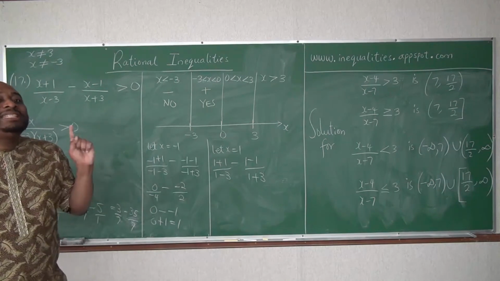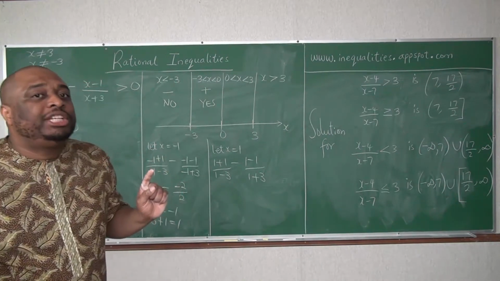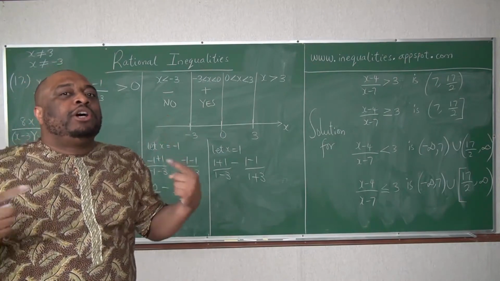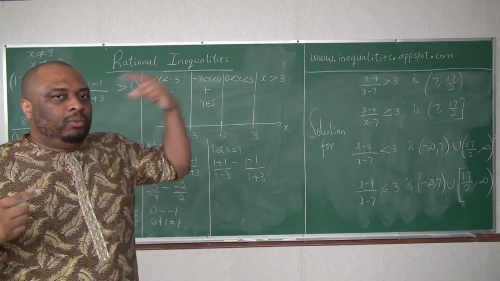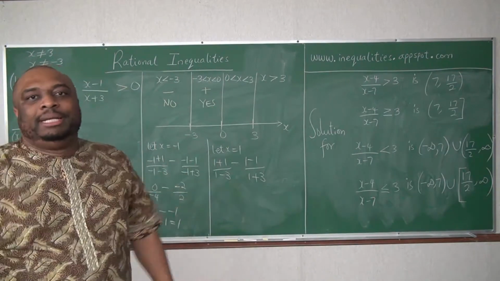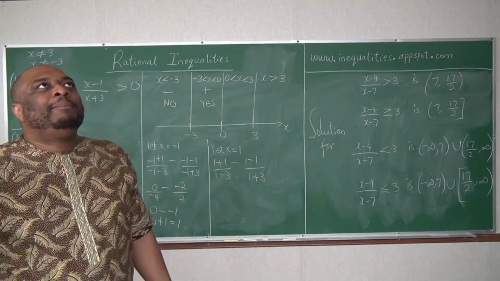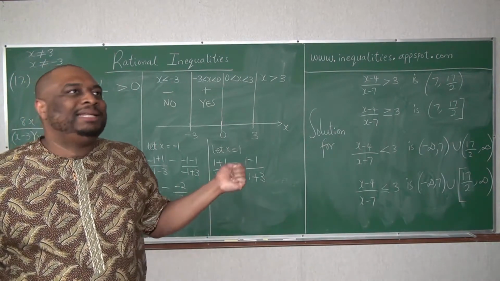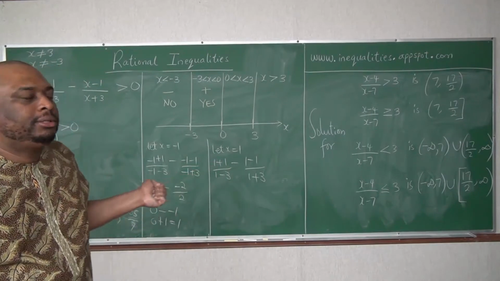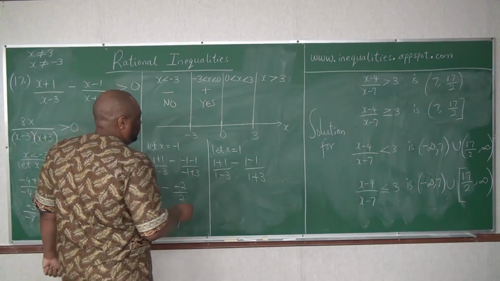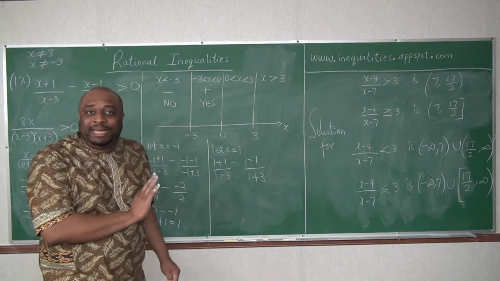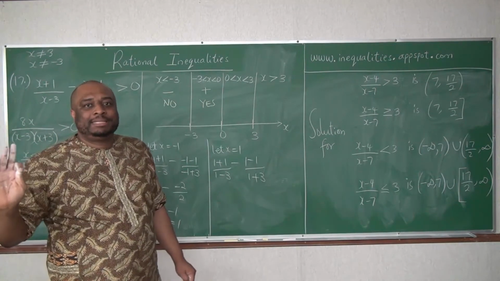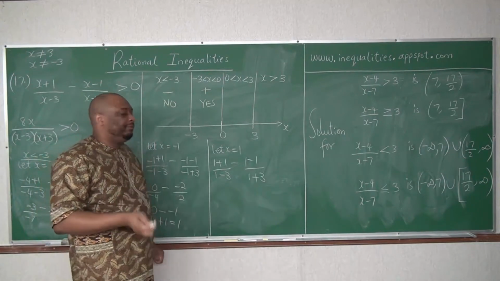We test these points with the main inequality. And by so doing, that is why I like this method. I mentioned it in part 1 of the video. Before you get your answer, you have already checked the inequality. That is the nice thing about this method. And the nice thing about rational inequalities is that you check as you solve.